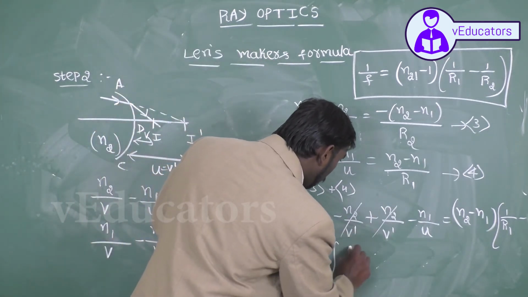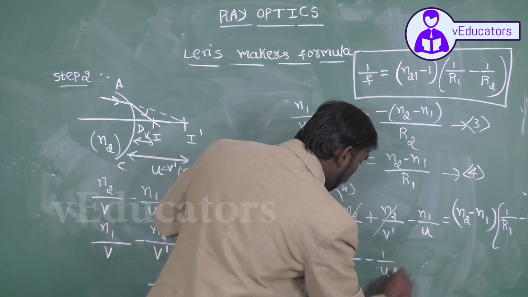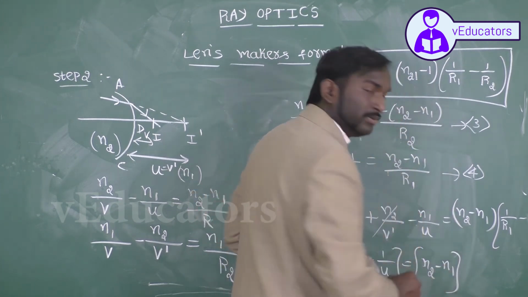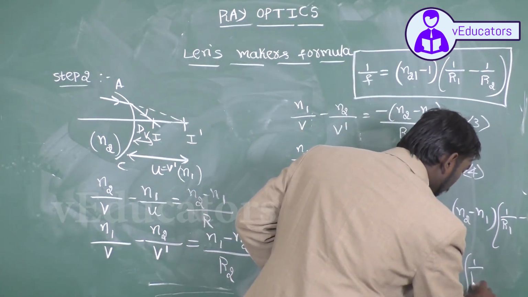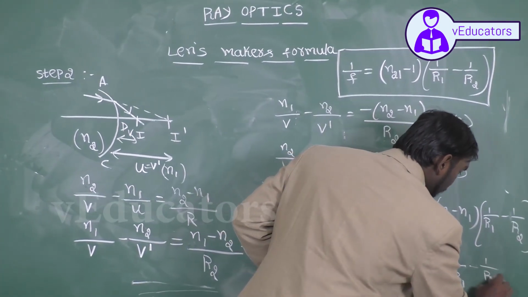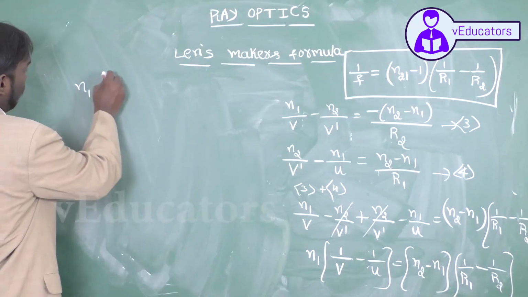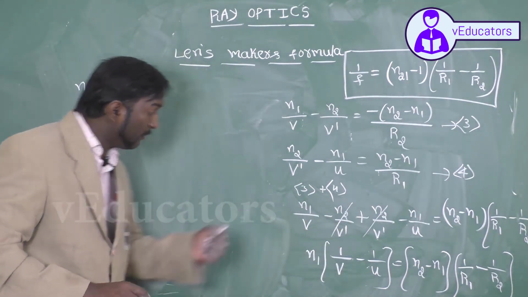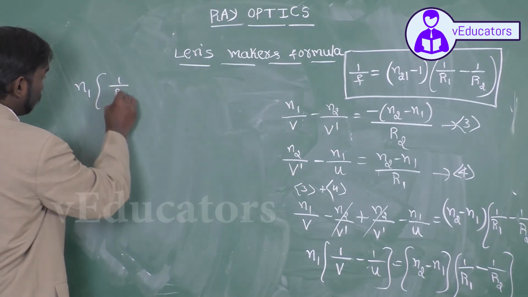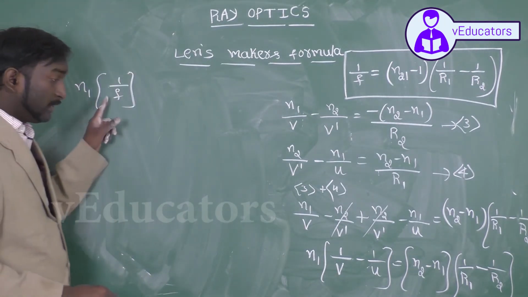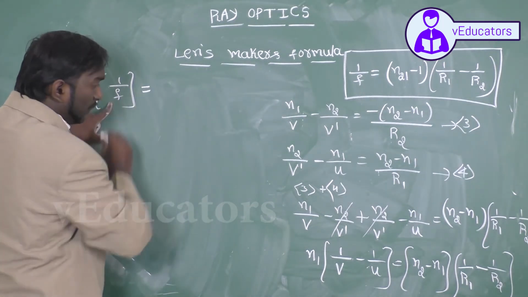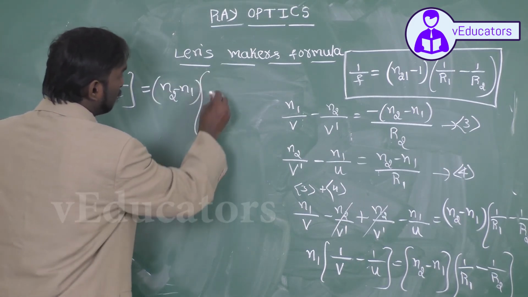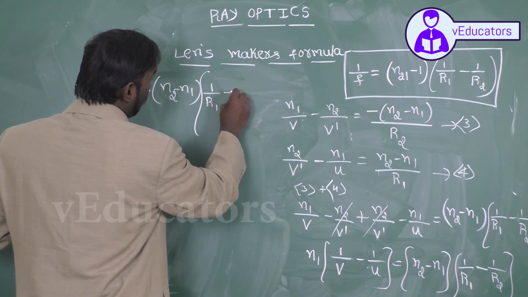It means n1 into (1 by v minus 1 by u) is equal to n2 minus n1 into (1 by R1 minus 1 by R2). And 1 by v minus 1 by u is 1 by f, the lens formula, so this is equal to n2 minus n1 into 1 by R1 minus 1 by R2.